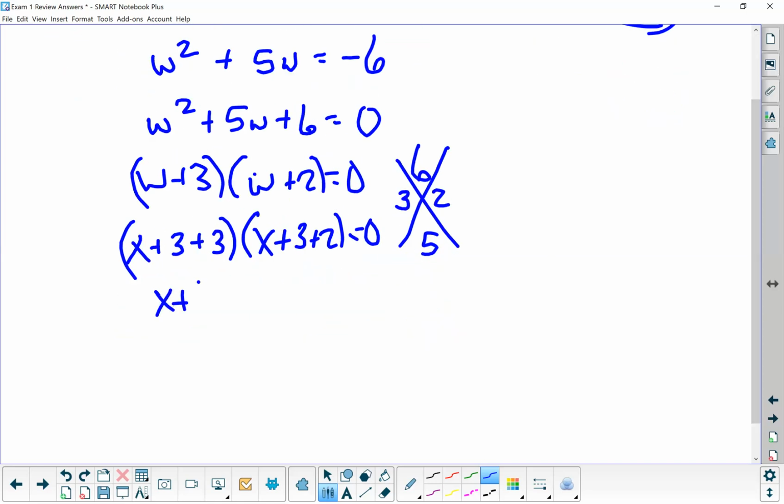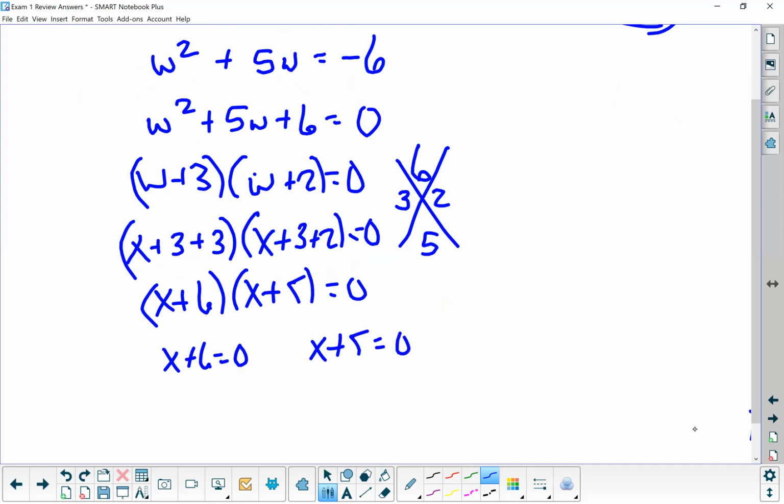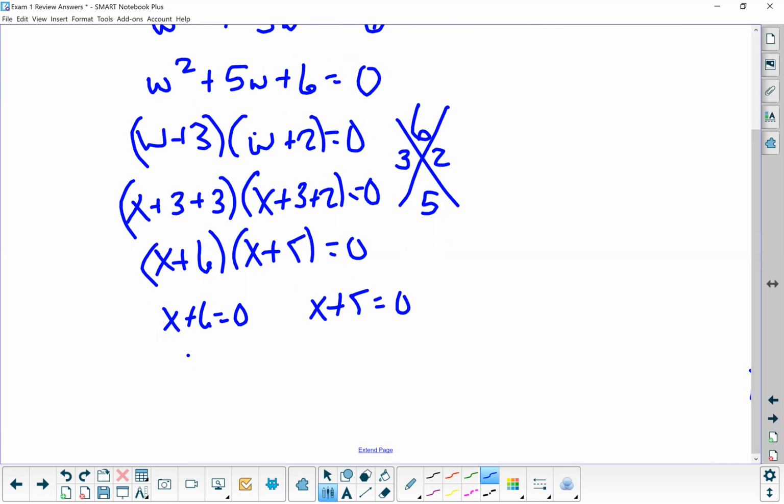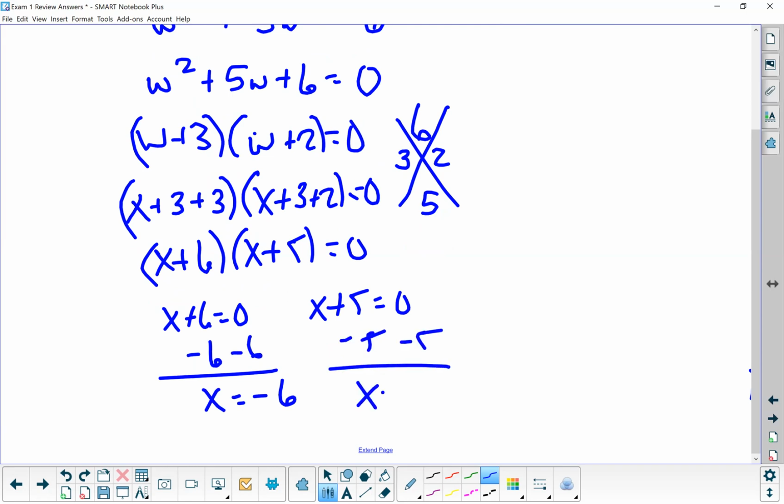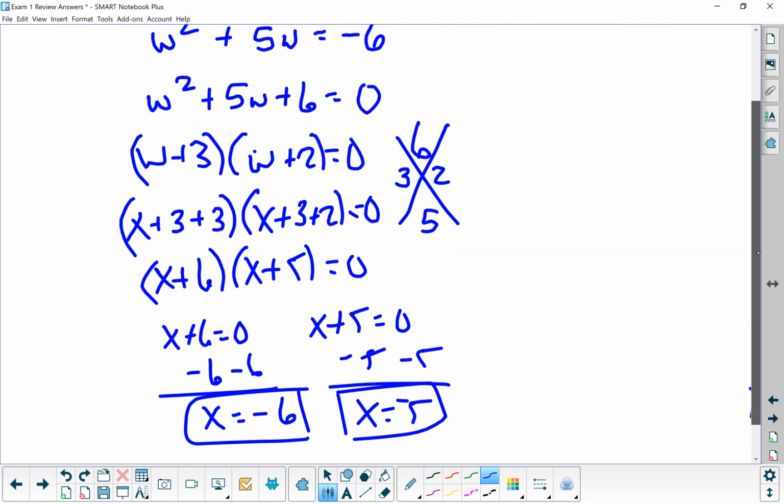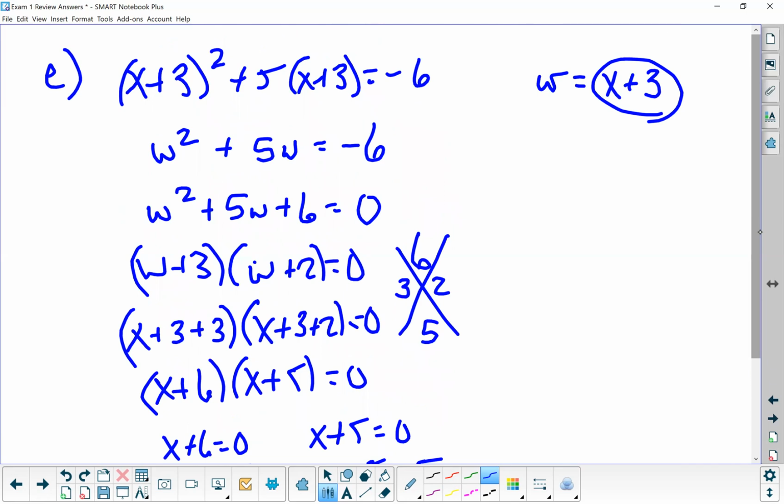So x plus 6, x plus 5, 0. Subtract the 6. So that's using that quadratic pattern and solving that way.